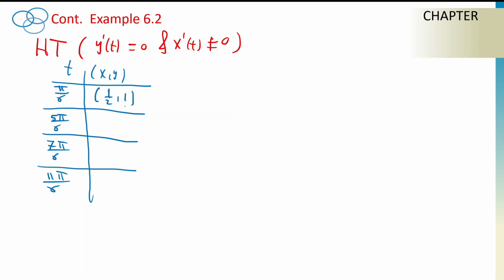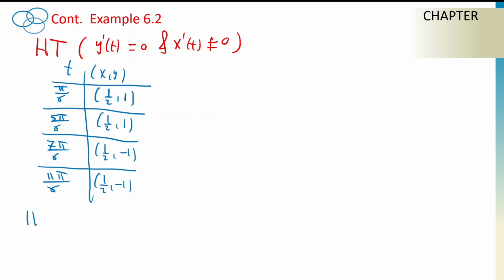This is half, 1; half, 1; half, negative 1; half, negative 1. Remember, our concern is always the values of x and y. If it's repeated, no need to mention it again. So here I have two different points.